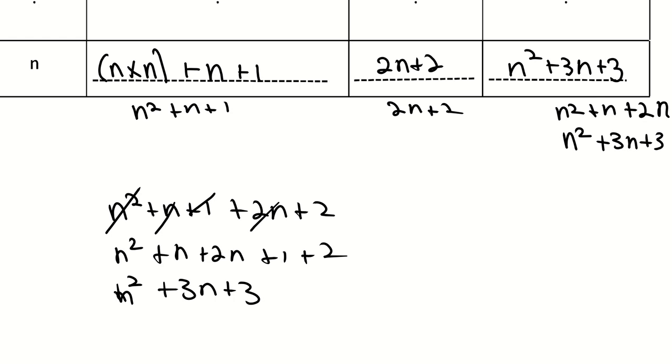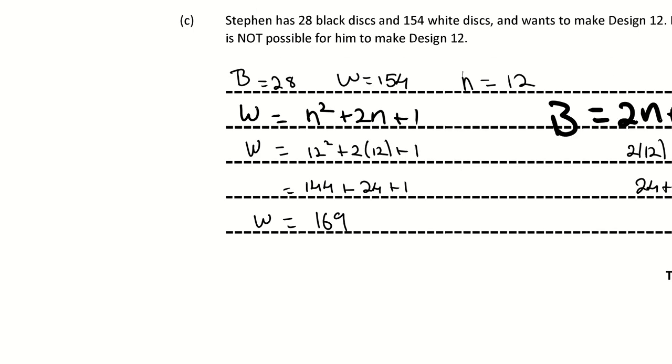I put 2n just now. Let's erase that. So that would be 144 plus 12 plus 1, which is 157. So they're still running short, right? Let me zoom up and I'll change that. So the formula here, take that off, and take the answer off.